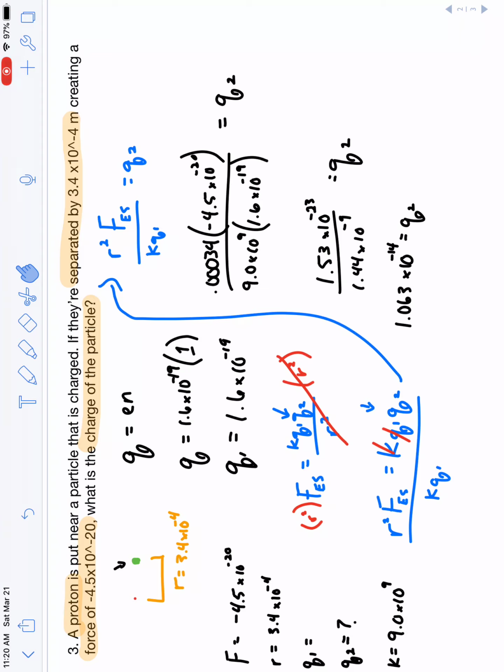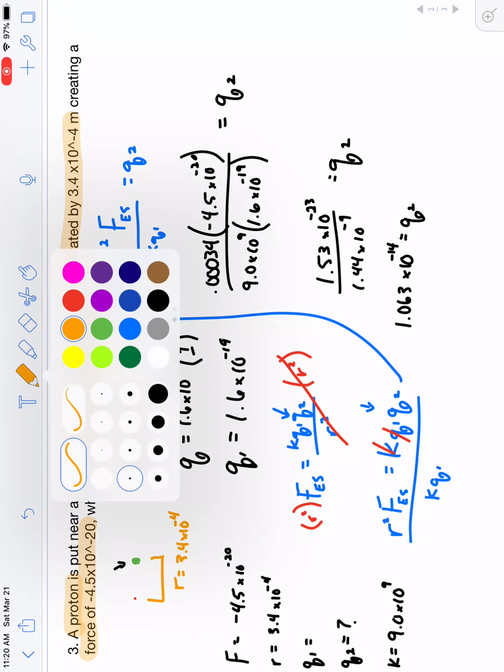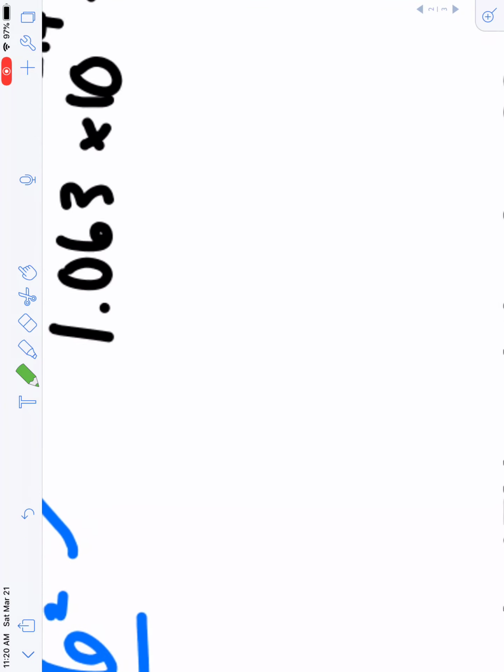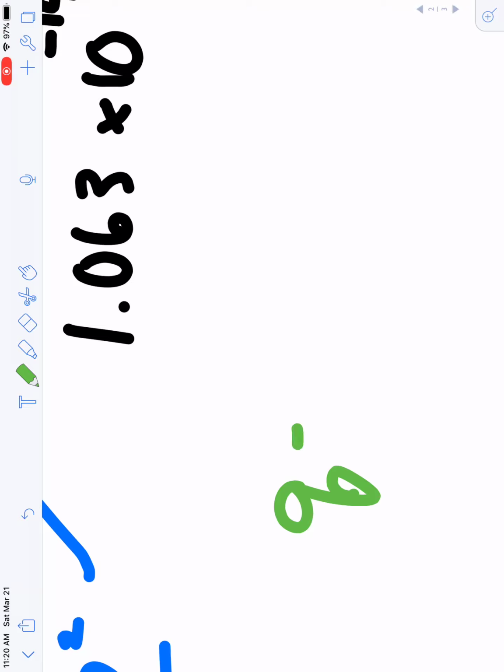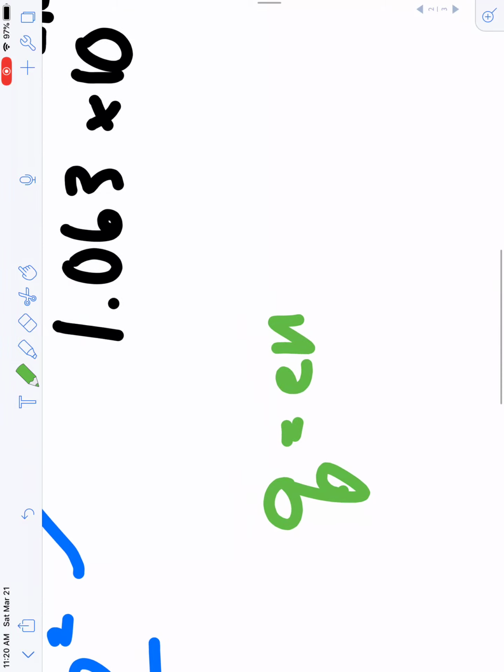Now, AP guys, on the AP test, they may ask you, does this charge make sense? Or can this charge be plausible? How do you think we could ensure that this charge is possible? We're going to revisit that equation that I just highlighted, Q equals En.